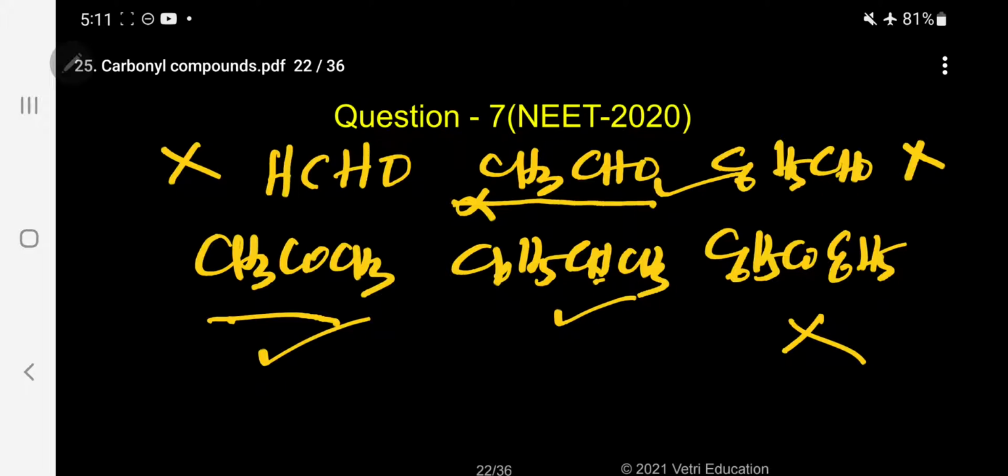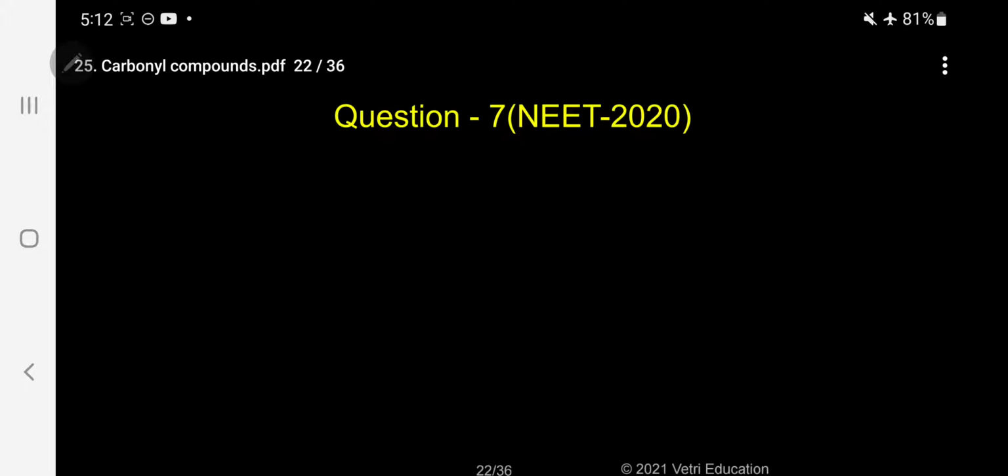Whereas formaldehyde, benzaldehyde and benzophenone will undergo Cannizzaro reaction, producing an acid salt and an alcohol. One is undergoing oxidation, another is undergoing reduction. Whereas in aldol condensation, we have already discussed, one of the H is going and converting the CO group into an OH group. Okay, let me come to our question.